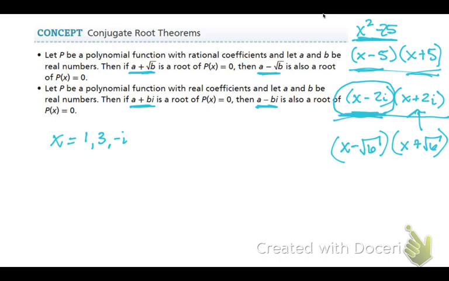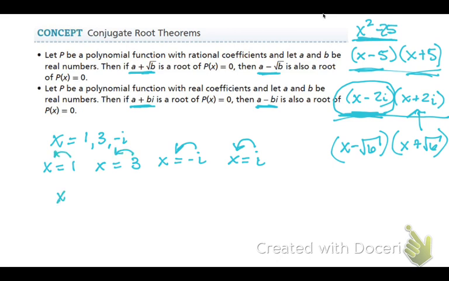I set it equal to 0. So you have x equals 1, x equals 3, x equals negative i. What's the other one we know has to be there? x equals positive i. Now, how do I make those factors? Move them from the right to the left.